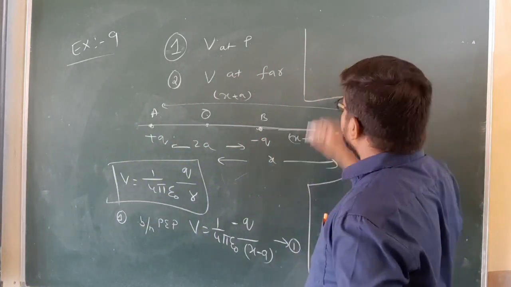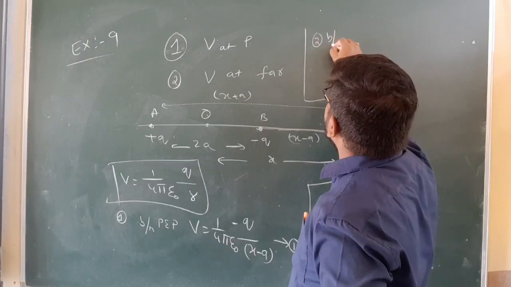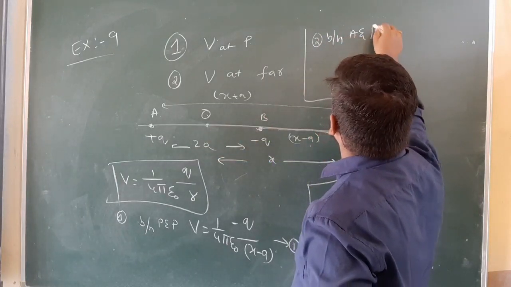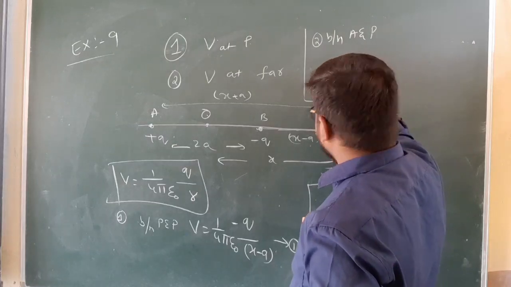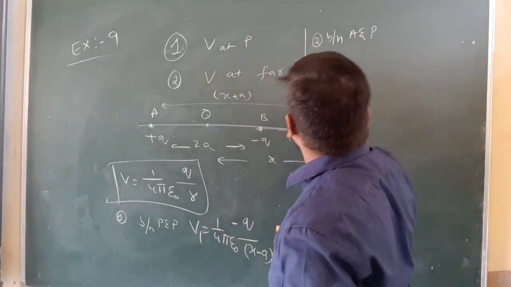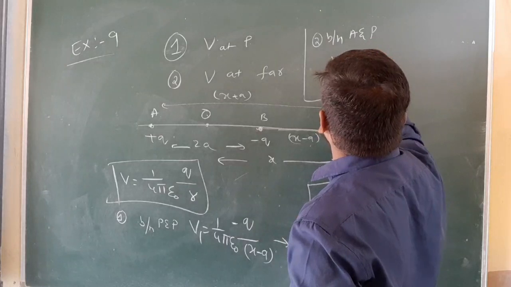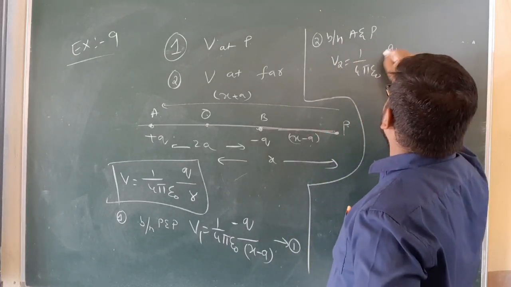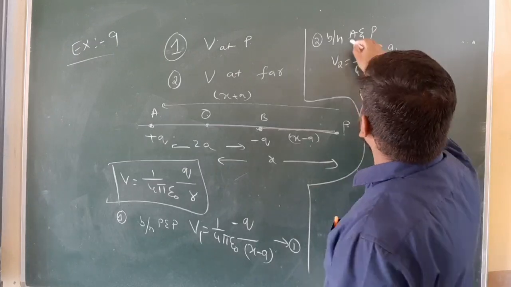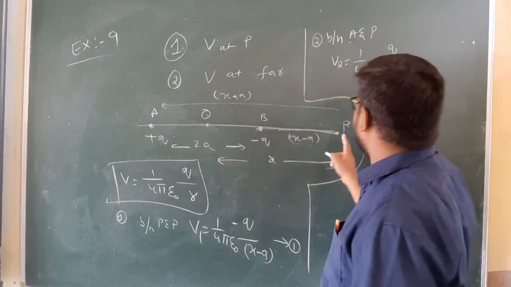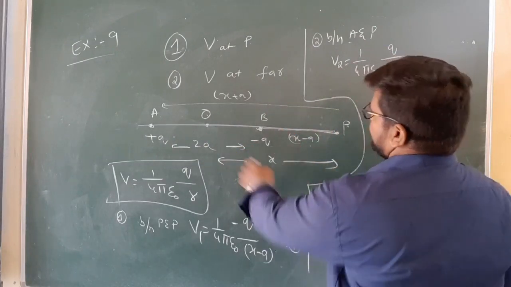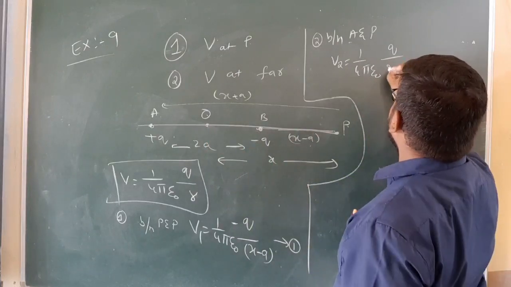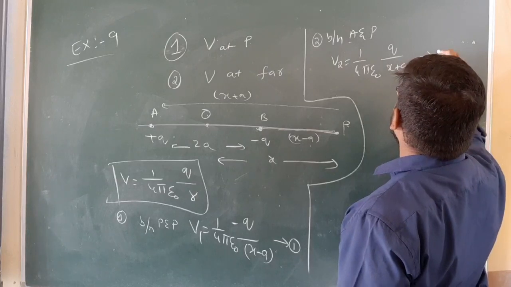Next, the second one, between A and P, electrostatic potential V2 is equal to 1 by 4 pi epsilon naught Q by x plus A, because the distance from the midpoint to P is x according to the question. Equation 2.